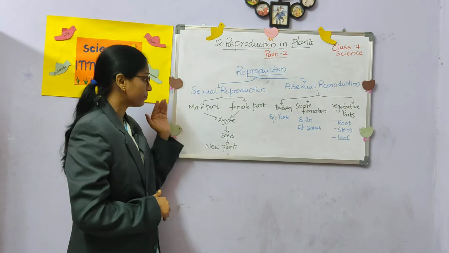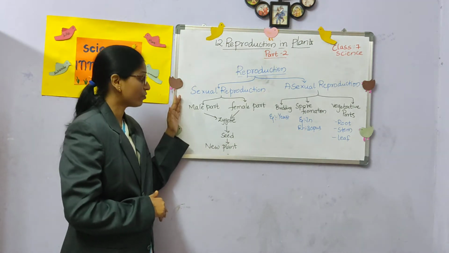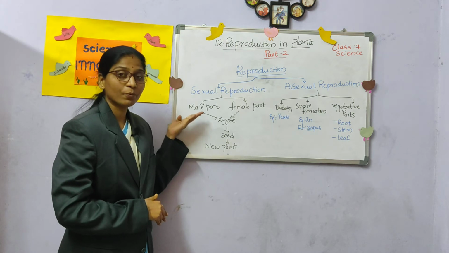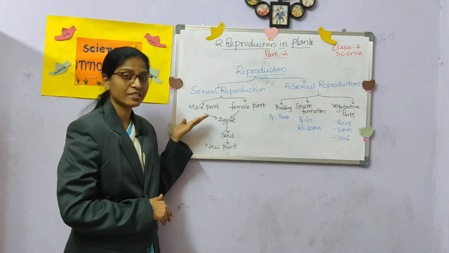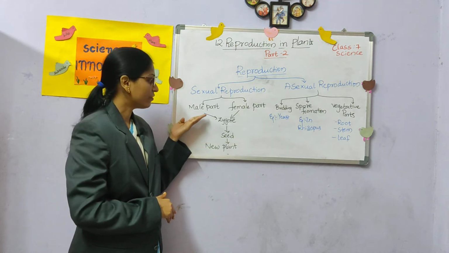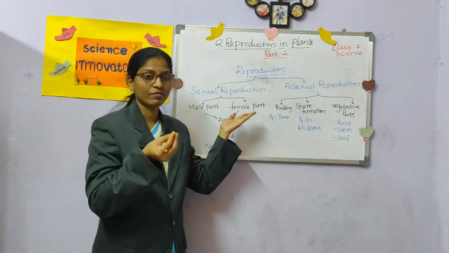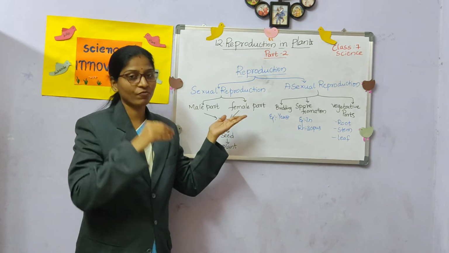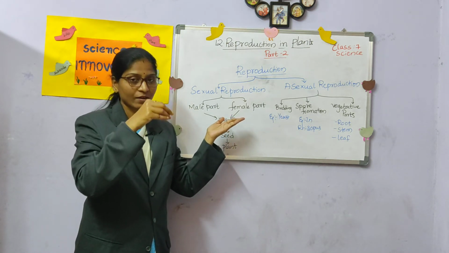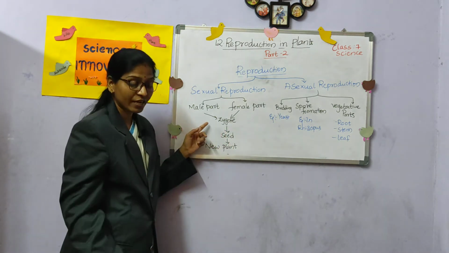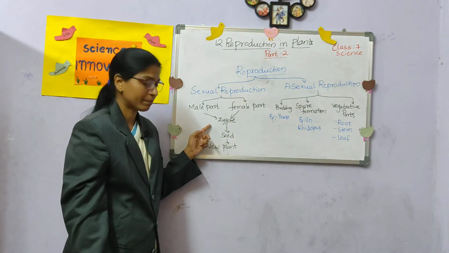Now see children, in sexual reproduction what is happening? The male part, that is the androecium, the pollen grains from the stamens, anthers, will be combining with the female part, that is the stigma. They will fall on the stigma. From the stigma it reaches the style, from the style to the ovary, where the zygote formation takes place.